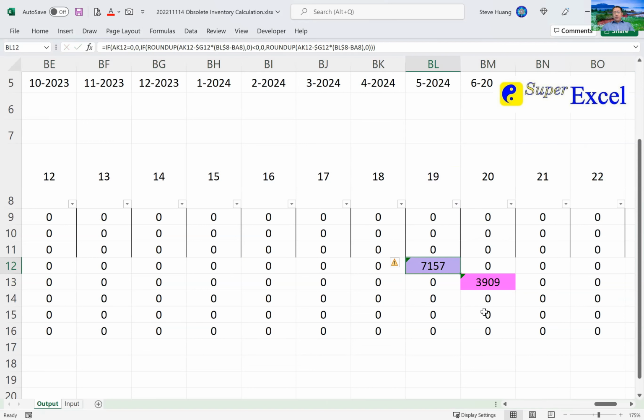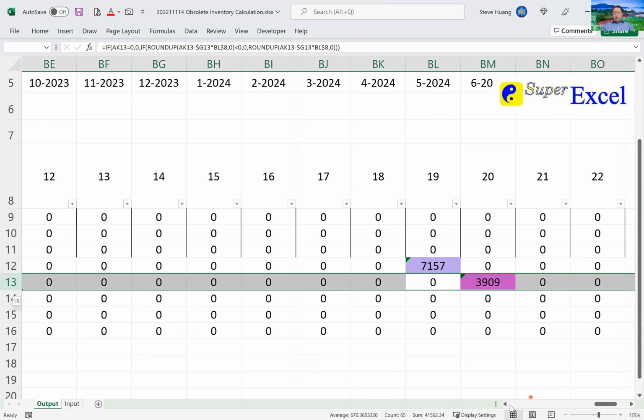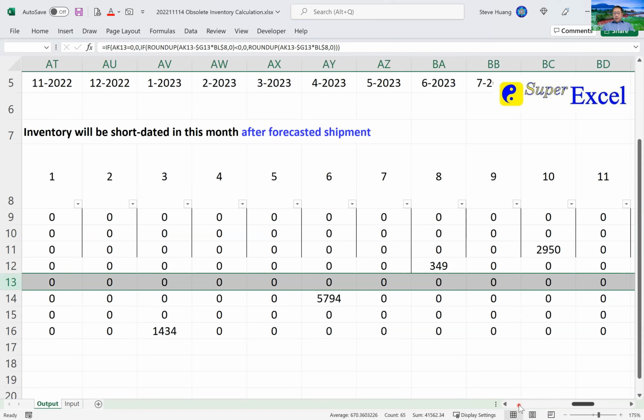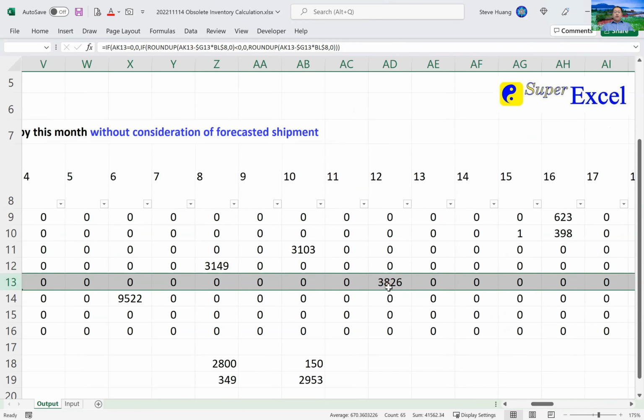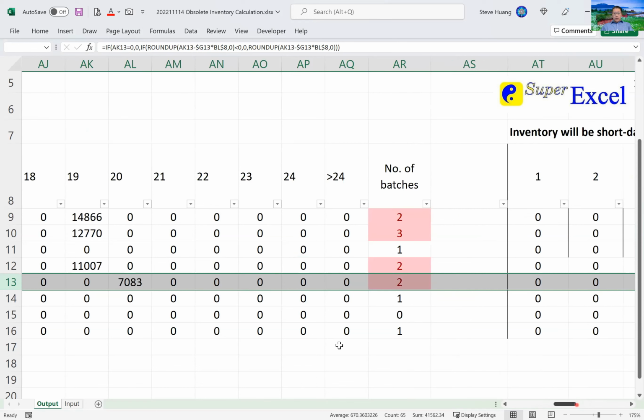Now she has another exception. Let's look at the item below over here. This item 567, we have inventory in the month 12 that will be short dated, and in the month 20 will be short dated.